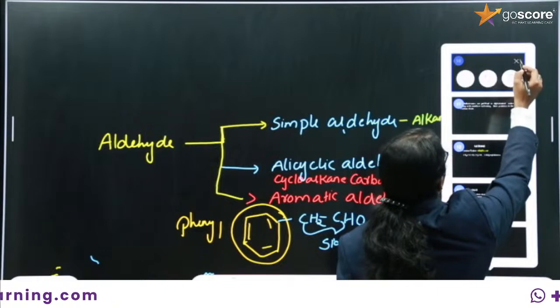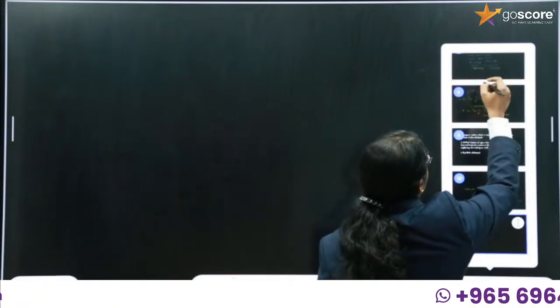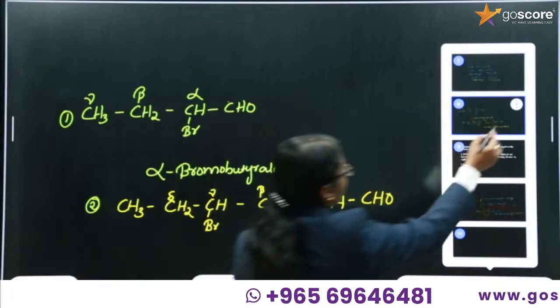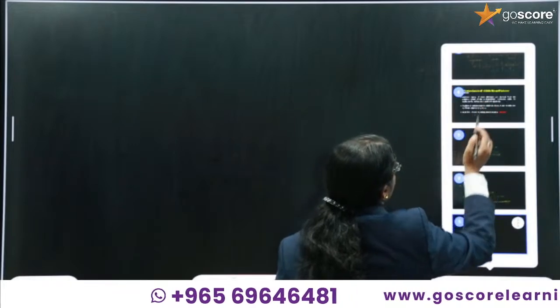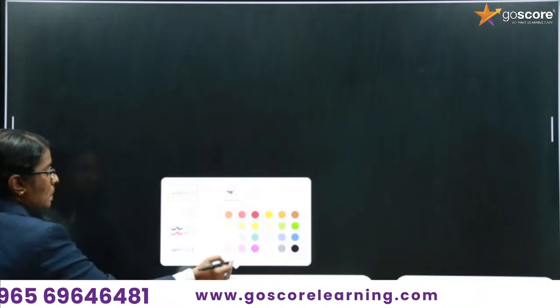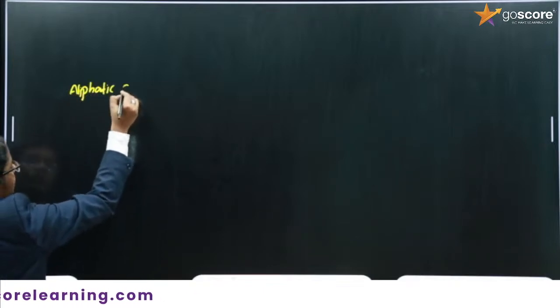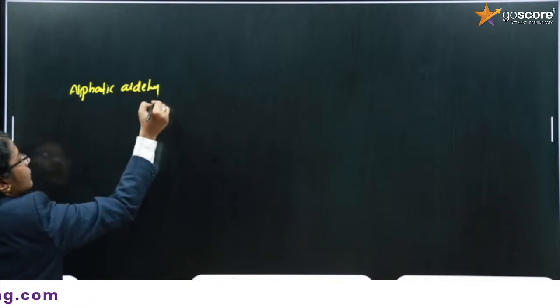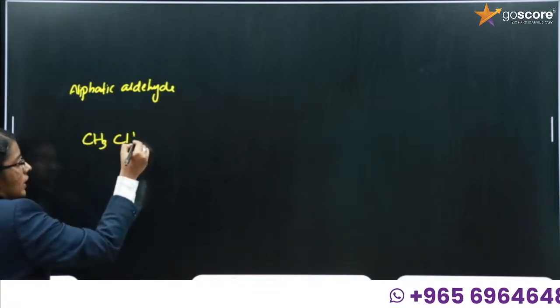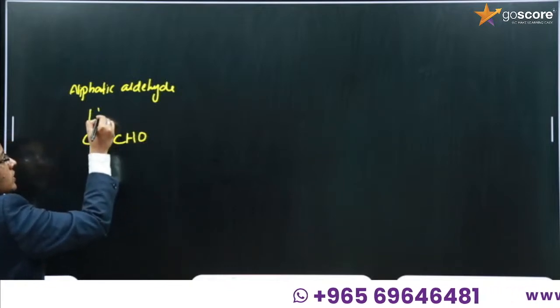First we are taking aliphatic aldehyde. So what will be the IUPAC naming of these compounds? CH3CHO and HCHO. This is the first one, and this is the second one.